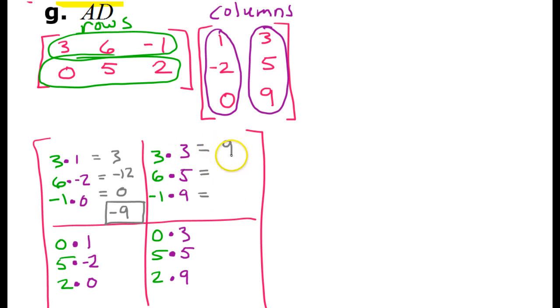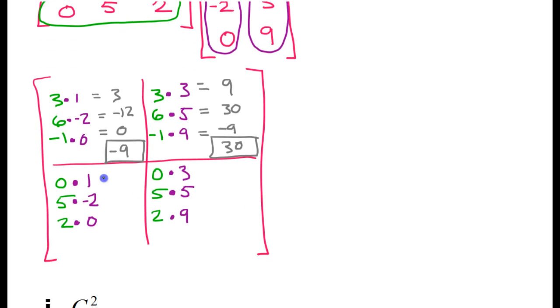So this is going to be 9 and 30 and -9. The 9's cancel, so I'm just going to have 30. This will be the entry in row 1, column 2. Multiply here, I get 0, -10, and 0. I want to add them up. That's -10.